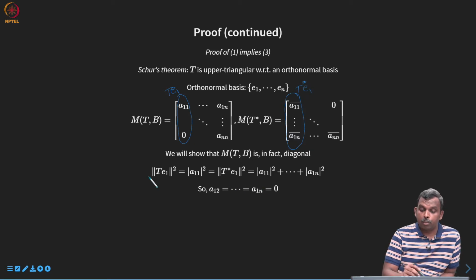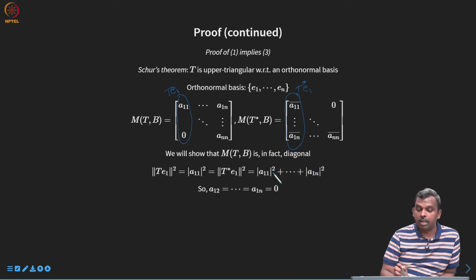Now I know because T is normal, norm of TE1 and norm of T star E1 are the same. So norm TE1 squared, which is absolute value of A11 squared, equals norm T star E1 squared. Now what is norm T star E1 squared? Absolute value of A11 squared plus absolute value of A12 squared, and so on till plus absolute value of A1n squared.